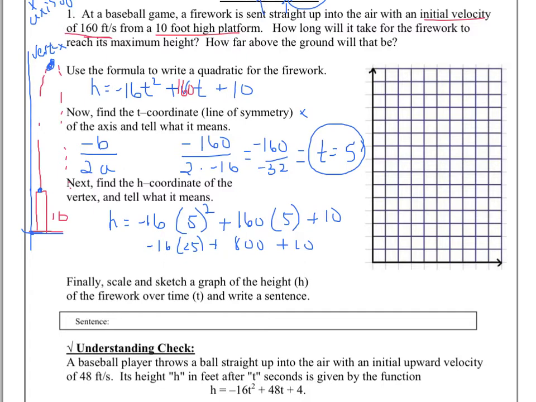Negative 400 plus 800 plus 10 is 400 plus 10, so 410. So h is equal to 410. This is our y value, which stands for the height. So our vertex is 410.